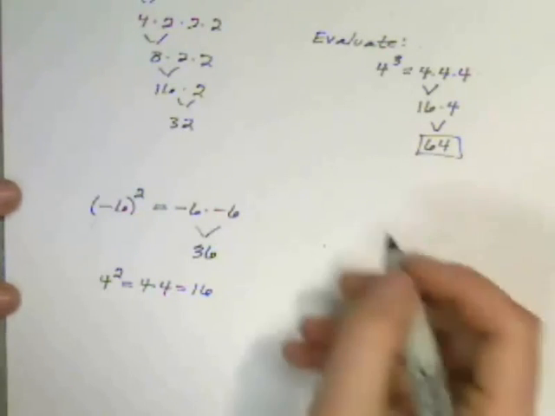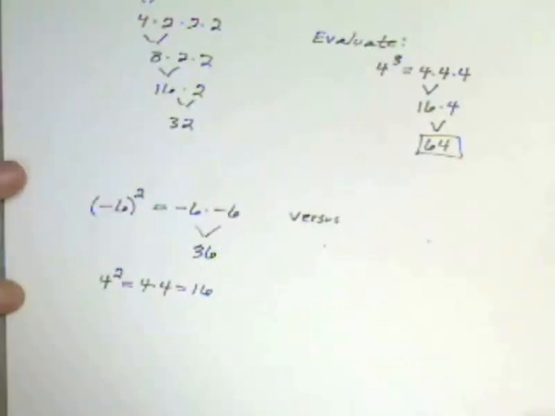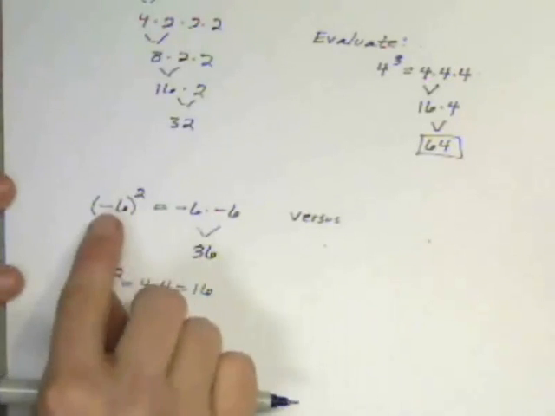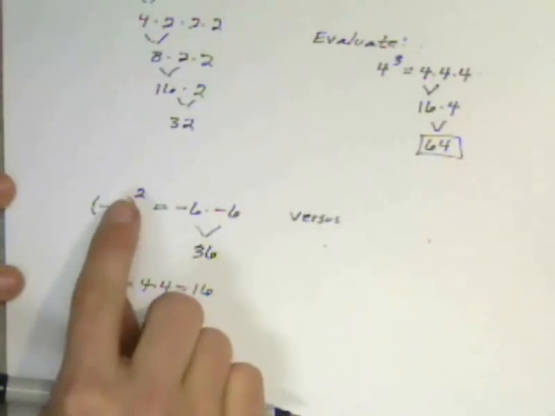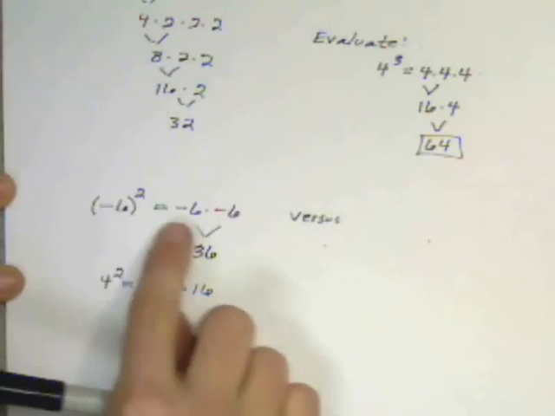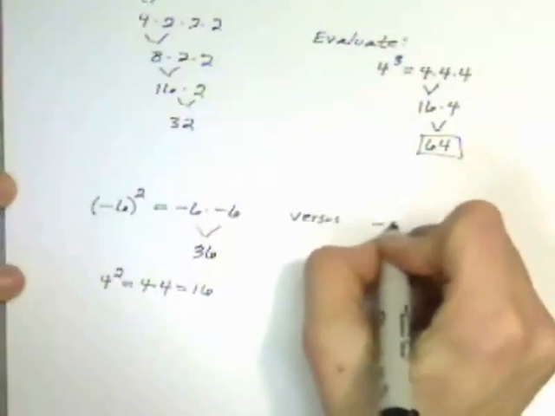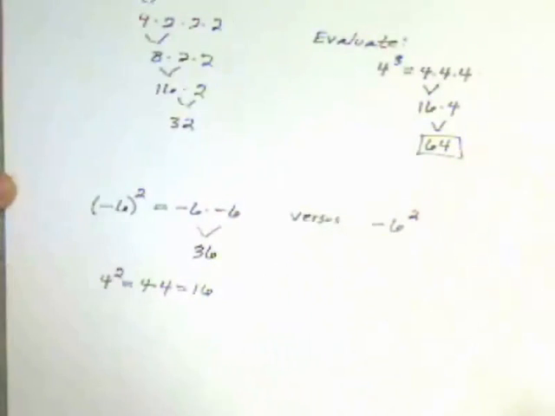Something I want you to note, though, is that there is a big difference in the way a problem can be written. Here with my negative 6 squared, notice negative 6 was in parentheses. So all of that was being repeated. I could have written it differently, though. I could have written negative 6 squared like that, without parentheses.